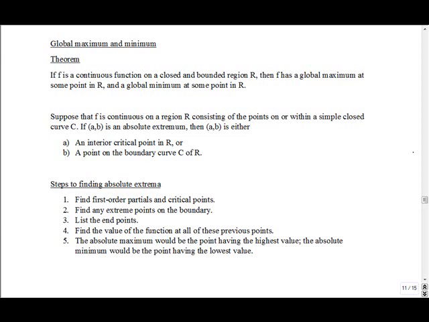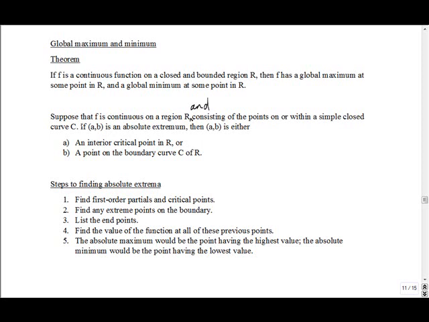What do we know about this extrema? Suppose that f is continuous on a region R consisting of the points on or within a simple closed curve C. If (a, b) is an absolute extremum, then (a, b) is either an interior critical point or it's on the boundary.